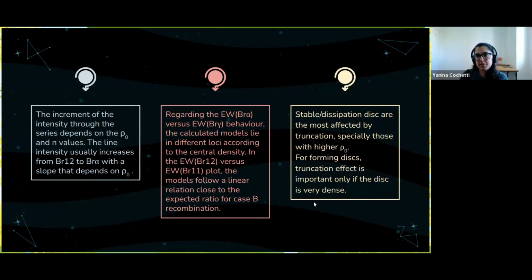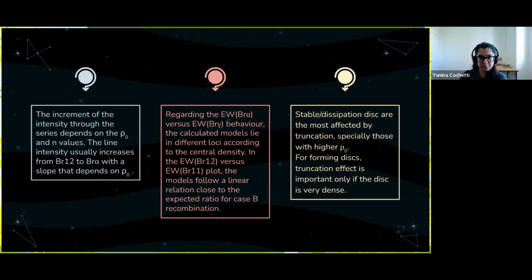But for forming disks, for disks with a higher n value, the truncation effect is important only if you're observing disks with a high central density. Otherwise, the density falls very fast, and it's the same to model with 10 stellar radii or with 20, for example.